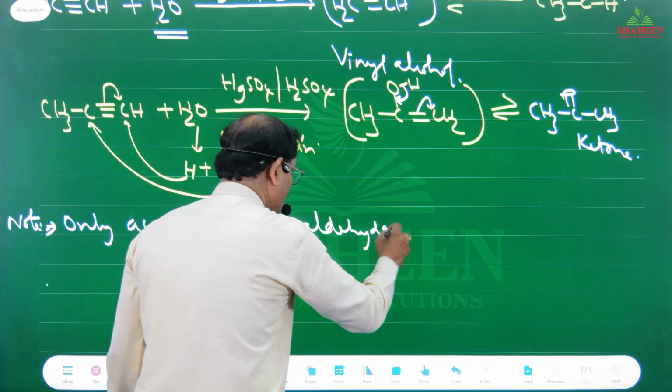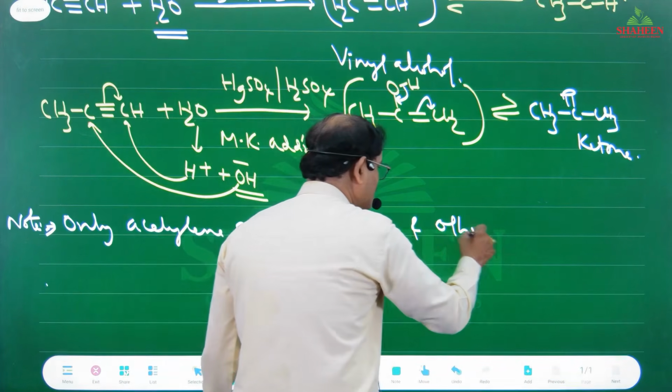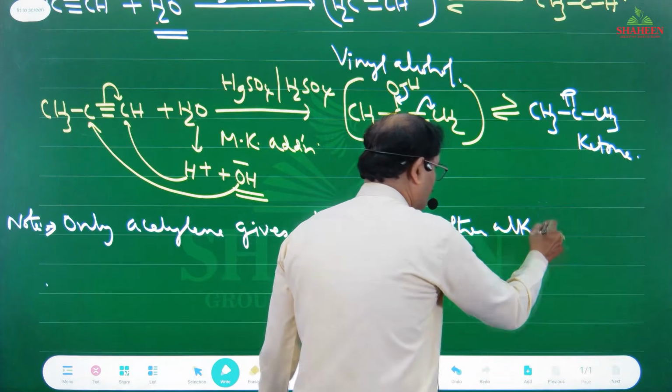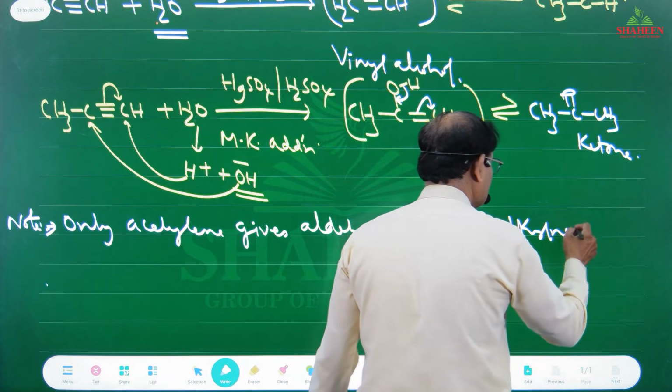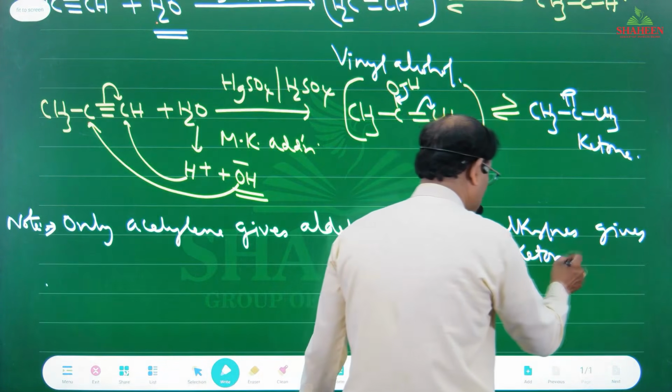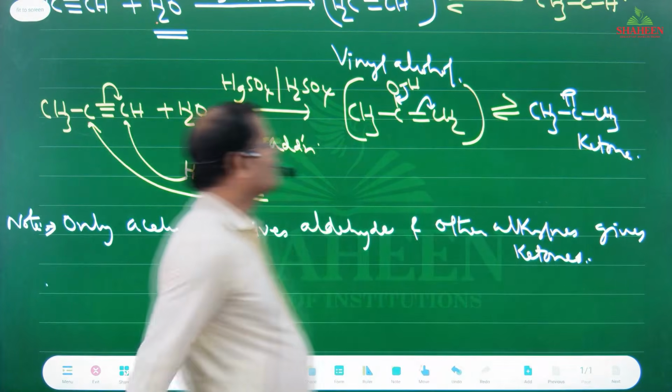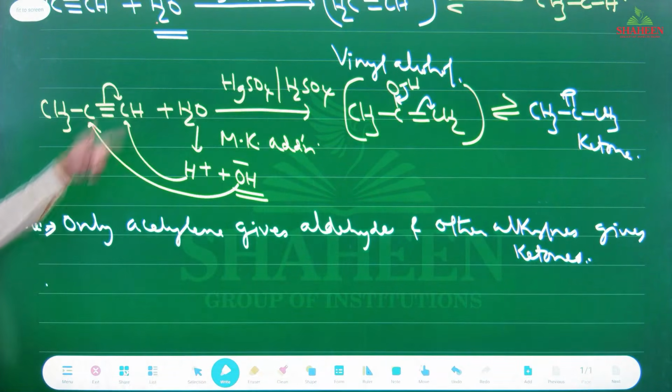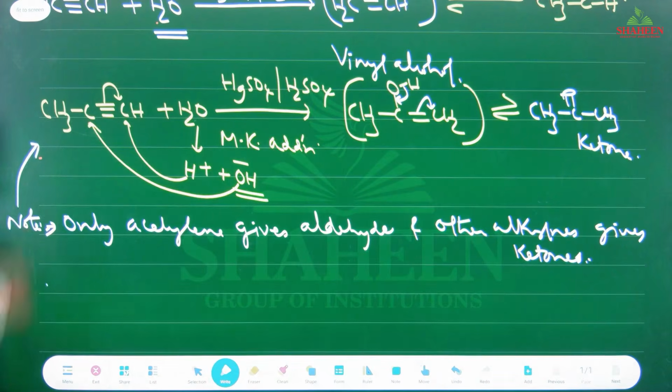Other alkynes give ketones. In this reaction, you only need to remember this, so a question can be expected.